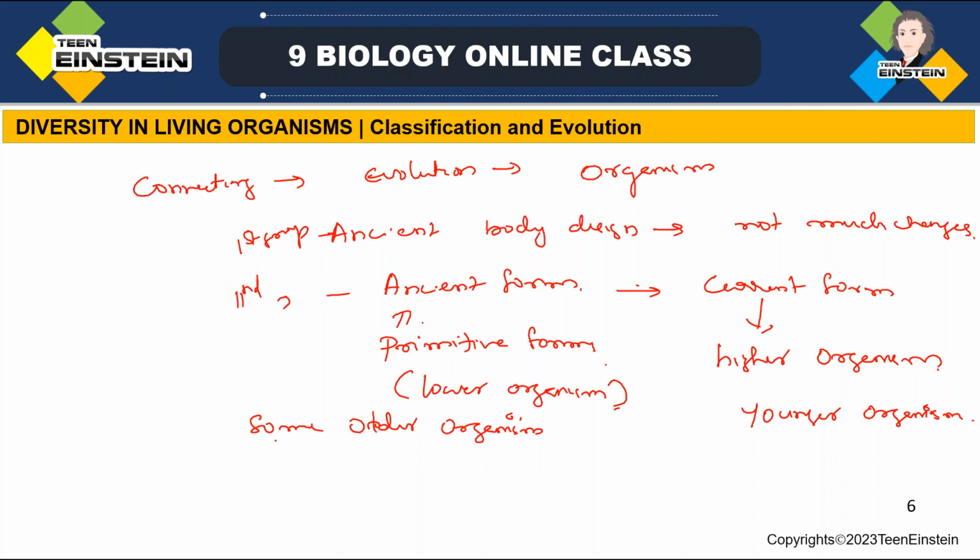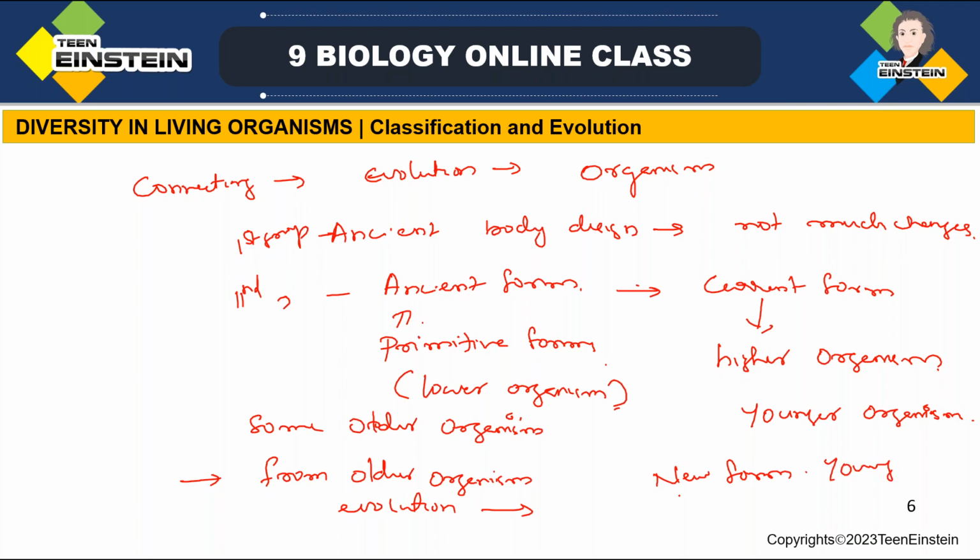Compared to the older organisms, the newly formed or younger organisms will have complex designs, because from the older organisms evolution is taking place. Evolution is a continuous process, organisms are continuously evolving, and from the simple forms there is a complex form formation.